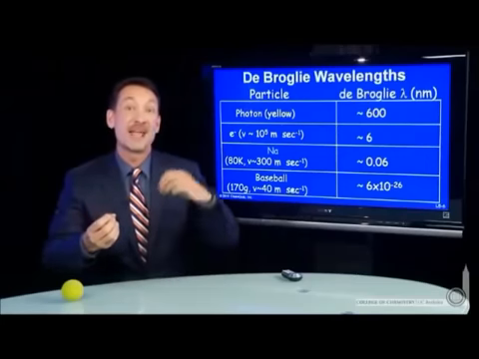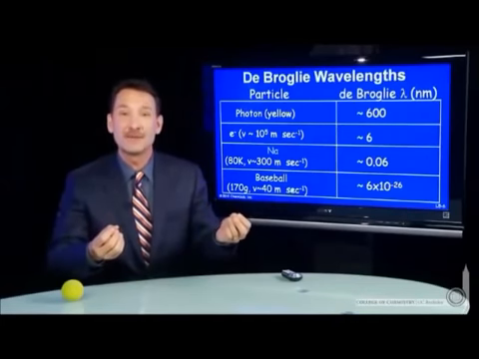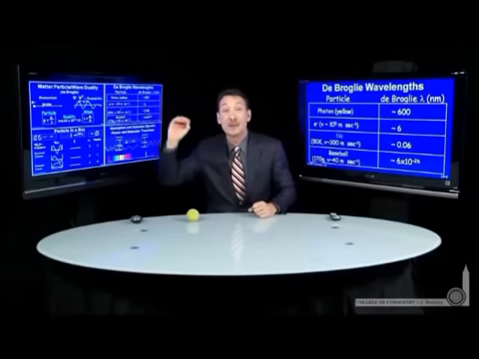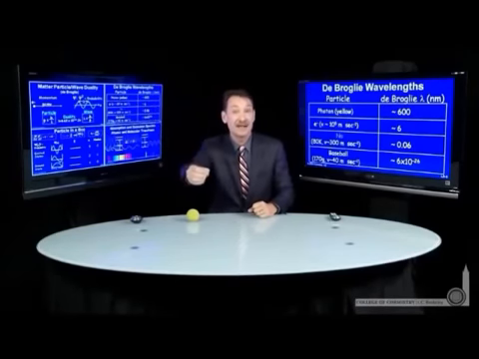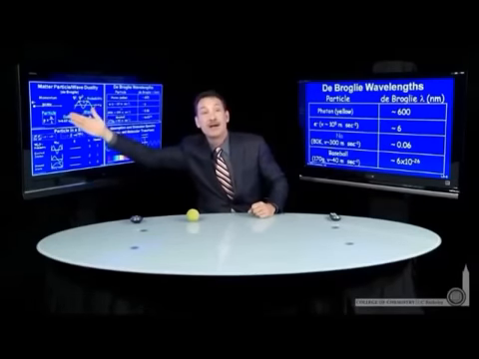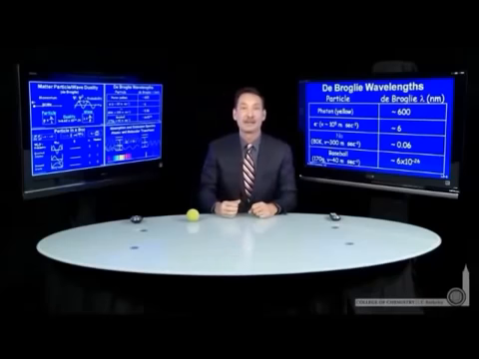Particles can behave like waves. They can have a wave-like property. And the wave-like property, wavelength, is given by the de Broglie relationship. A particle that has a momentum, a mass, and a velocity will have a wavelength given by Planck's constant divided by that momentum.